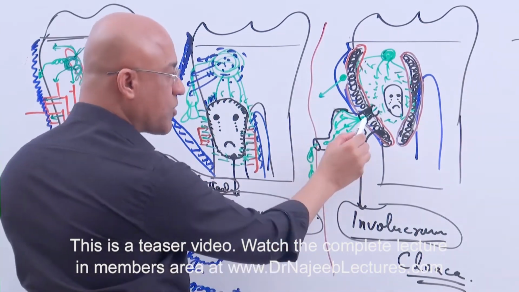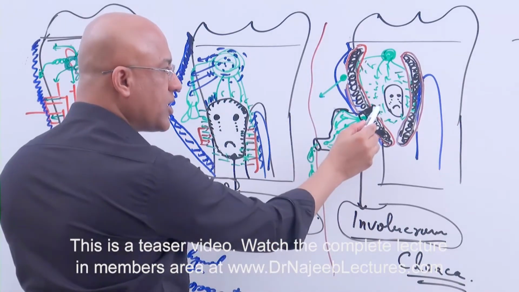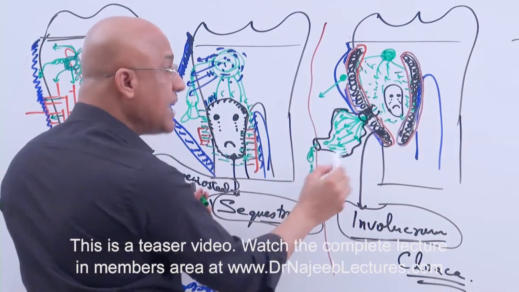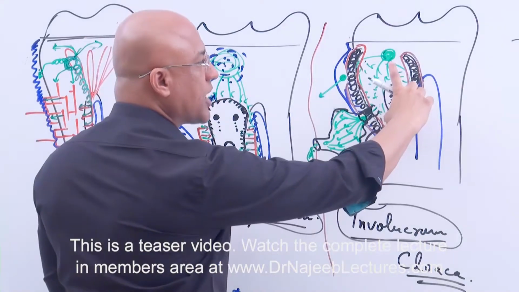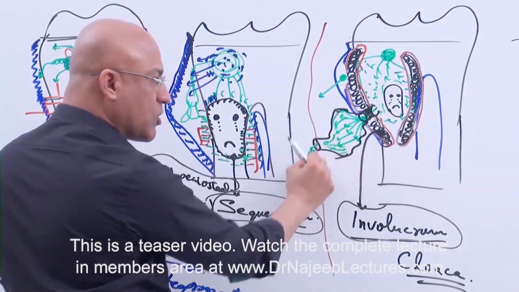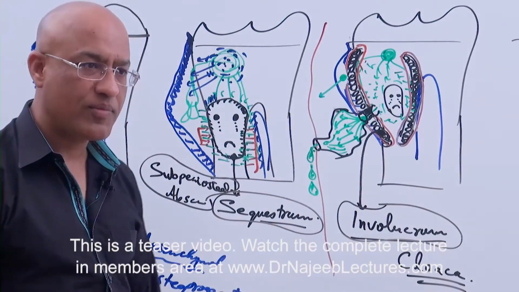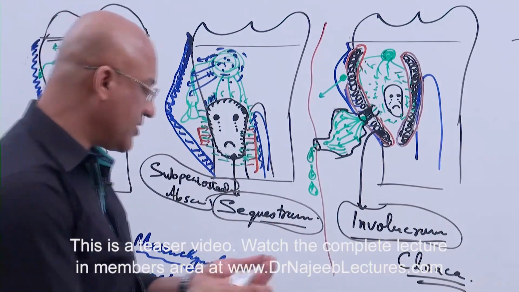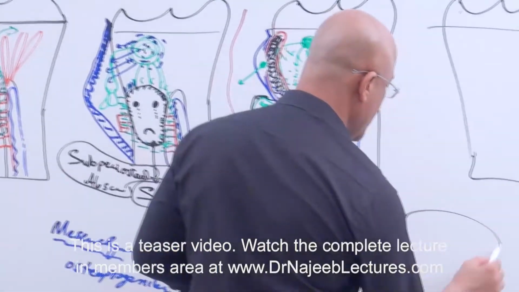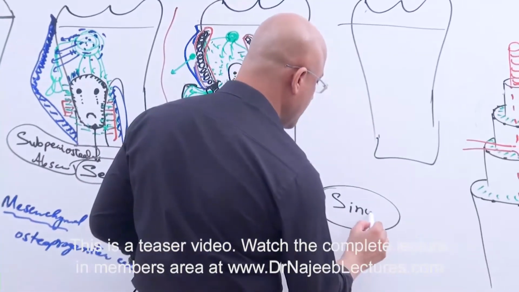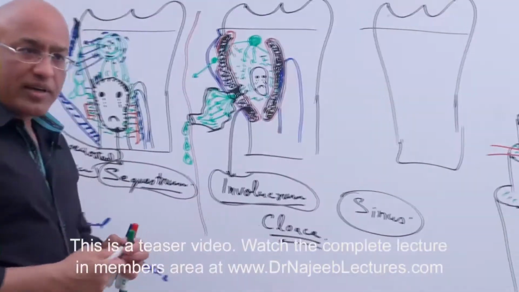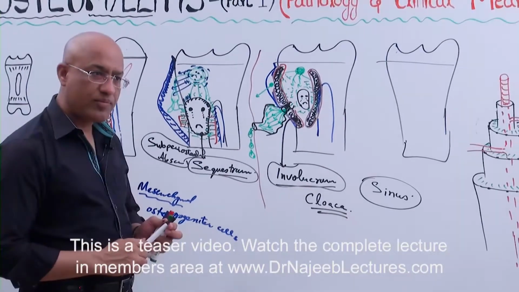This pathway from cloaca up to the skin, through which pus is coming out, and even sometimes sequestrum crumbles and small pieces of sequestrum also come out, is called a sinus. So eventually a sinus is formed. What is formed? A sinus is formed. Is that right? Any question up to this?